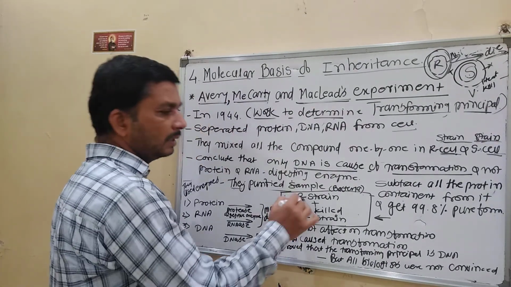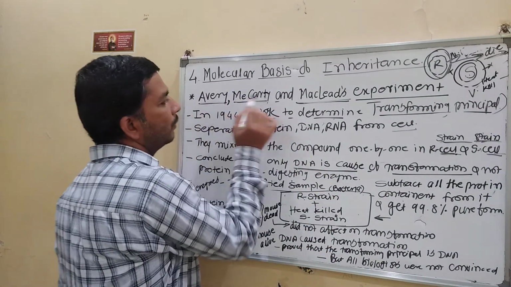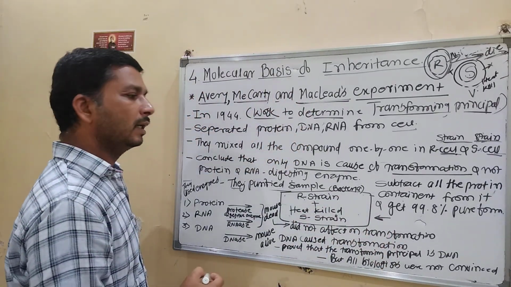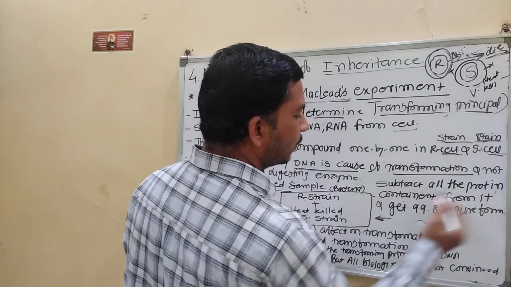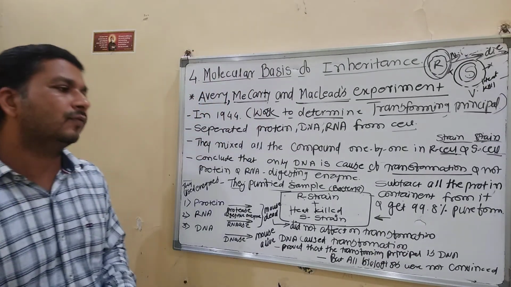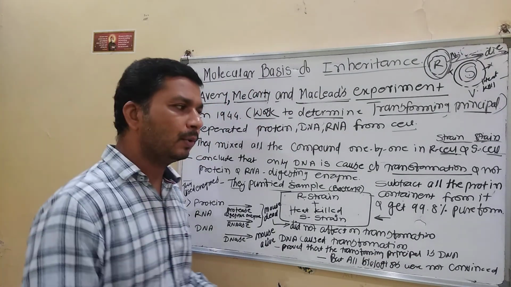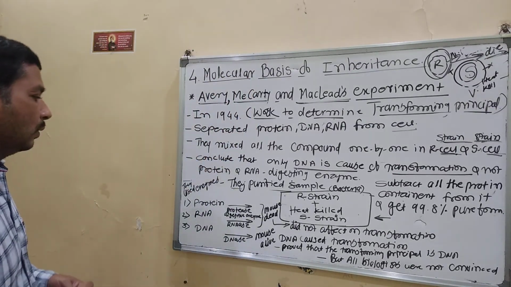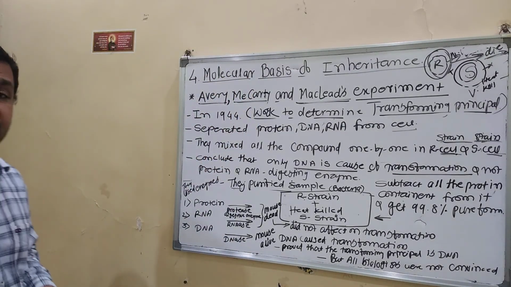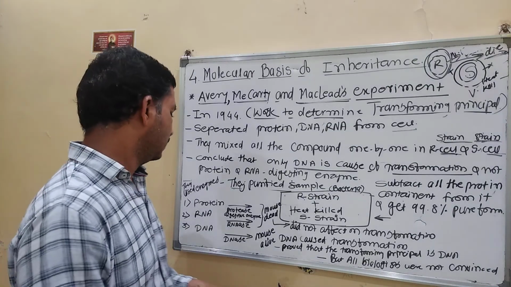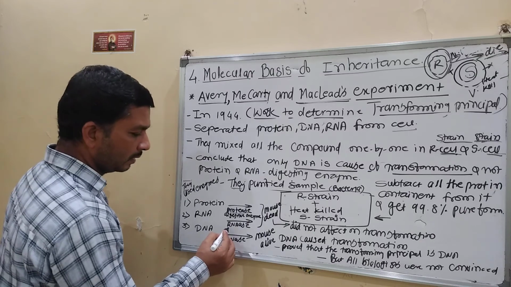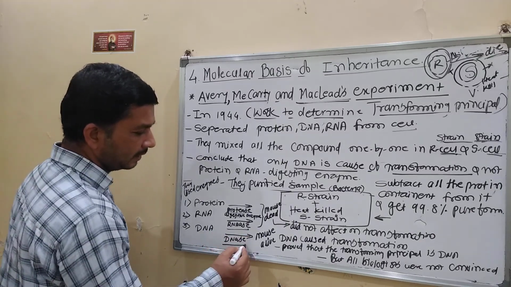That mixture, Avery, McCarty and MacLeod took, and they subtracted all the protein from it and got 99.8% pure form. Then they used enzymes. Which type of enzymes? They used proteinase, RNase and DNase.